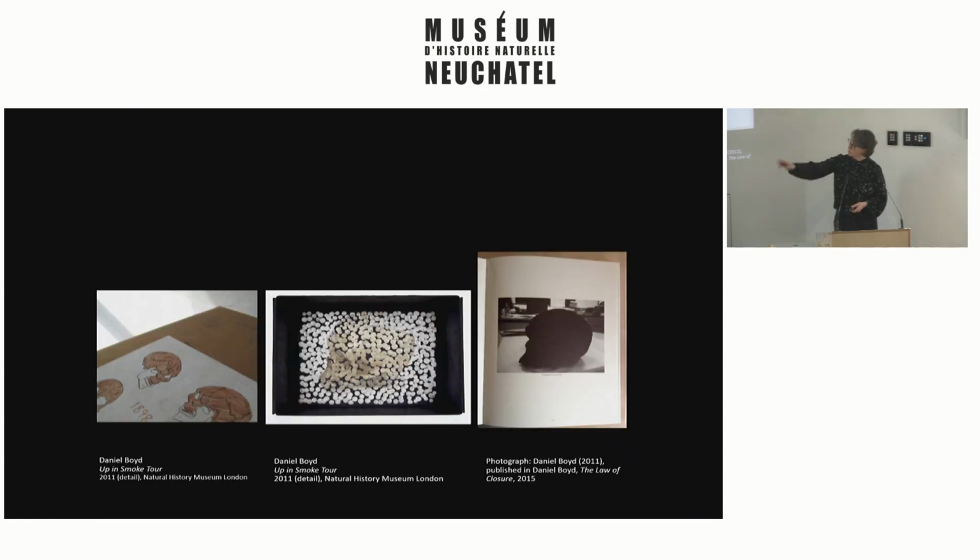So this is a detail from the box. This is what some of the labels look like. Here you can see that Daniel reworked one of the drawings of the skull that he found in the first week collection. And now this is his photograph. He did some research into the collection, and there was a skull potentially from one of his peoples from the West Brisbane area that might be in the collection, and he wanted to see it.